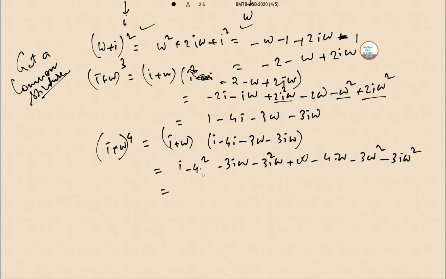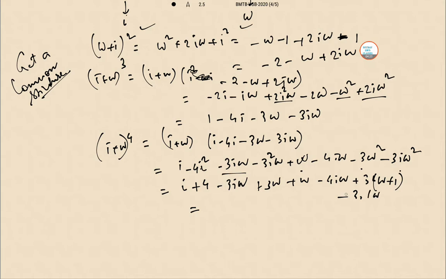Together, i square gives plus 4, minus 3i omega, and i square gives plus 3 omega. I'm only writing the changes. So we can get 2 omega plus 1 here, minus 4i omega, plus 3 into omega plus 1 and 3i into omega plus 1, so 7 plus 4i plus 7 omega minus 4i omega.